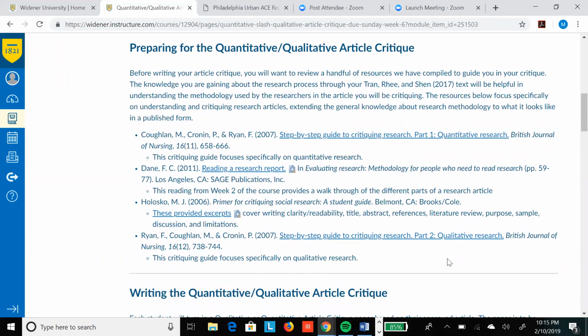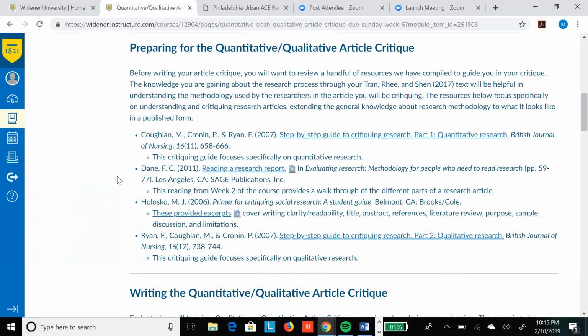So in preparing for your quantitative or qualitative article critique, before you begin writing that, you're going to want to review these resources that you see here. And these have been compiled to help guide you in your critique. The knowledge that you're gaining about the research process through the textbook is also going to be helpful in understanding the methodology used by the researchers in the article that you're critiquing.